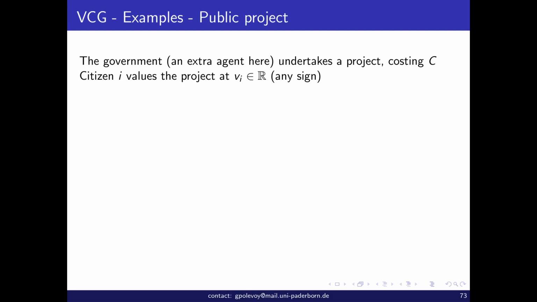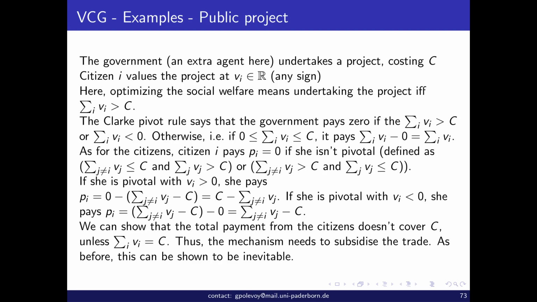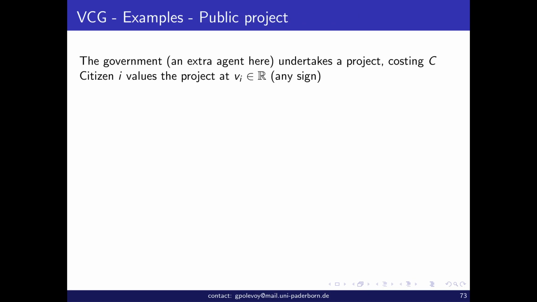Now, the last example, I think, is the public project. No, it's not the last. The before last example is the public project. Here we also have something a bit unintuitive. The government has to be taken into account, not as the manager, because it incurs a cost.